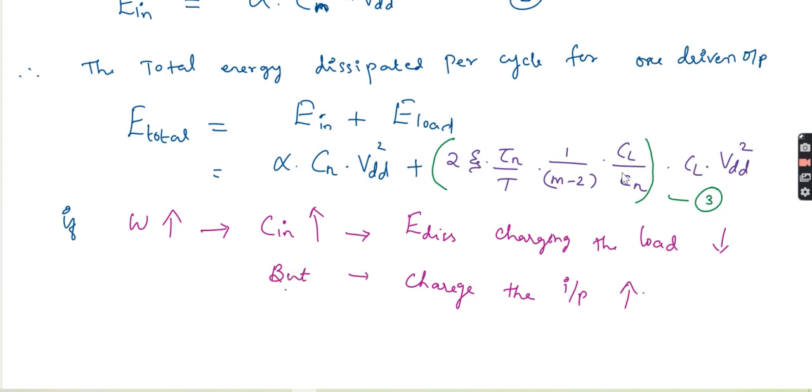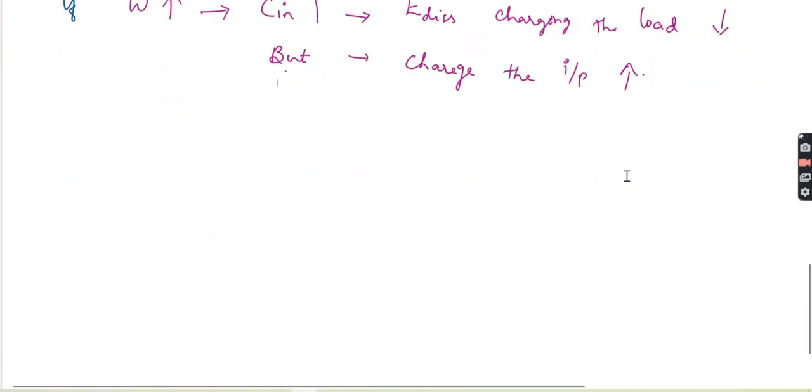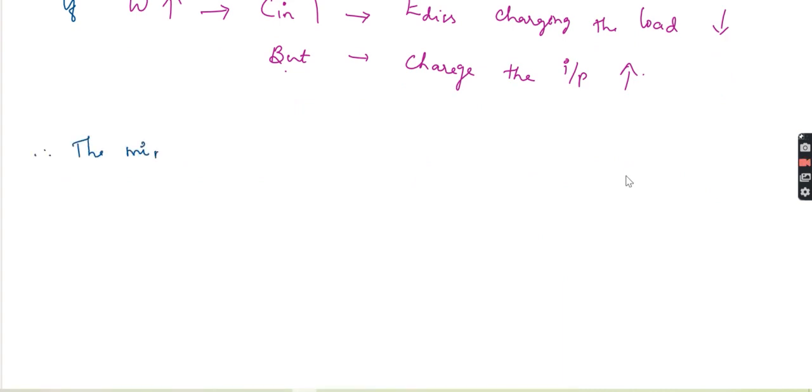Okay. So energy dissipation, that is nothing but what? The charge on the load will decrease, but the charge input will increase. So now we have to calculate the minimal power dissipation, like the minimum energy.